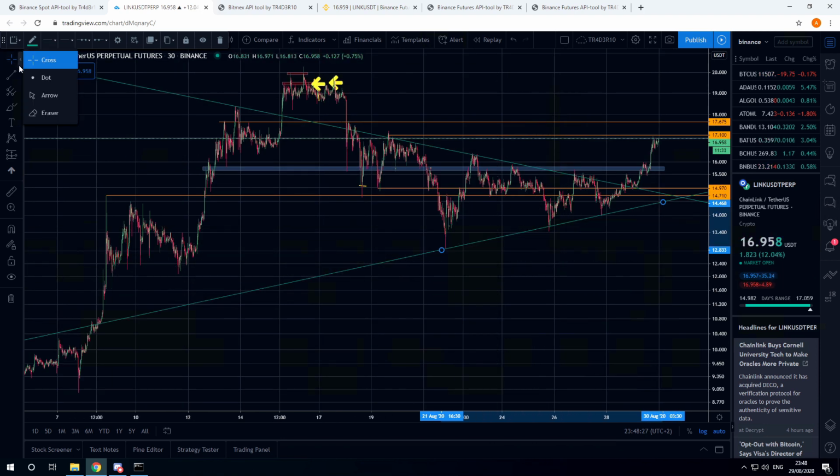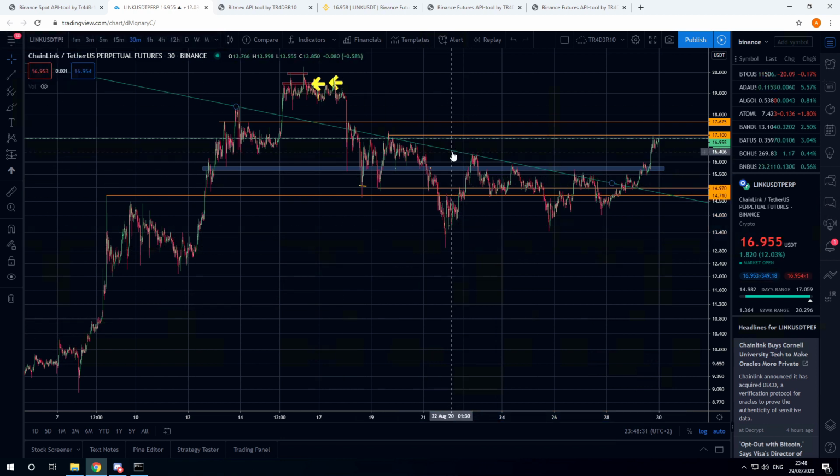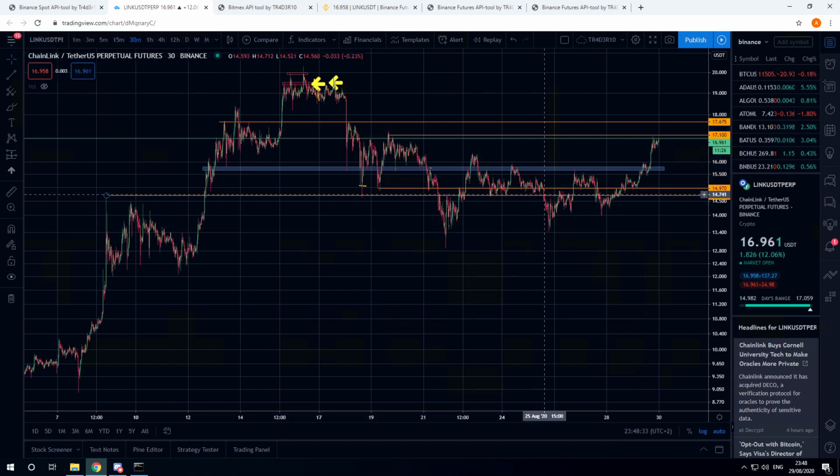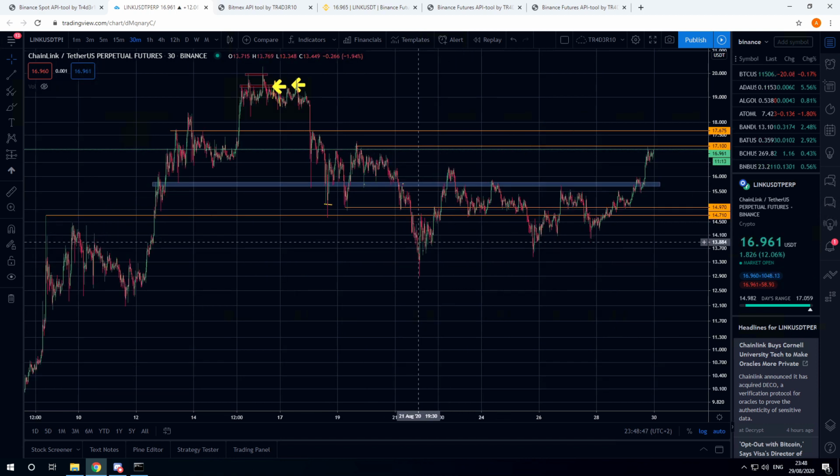So what's likely for Link now? Well, I did go to my big profit target. It was just the high low of this. When they broke this, this was the next zone. What's likely now?